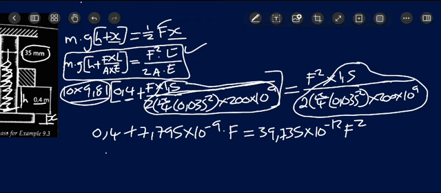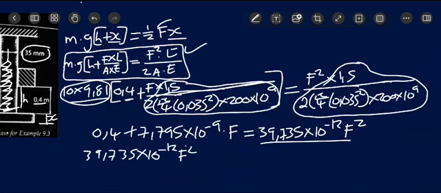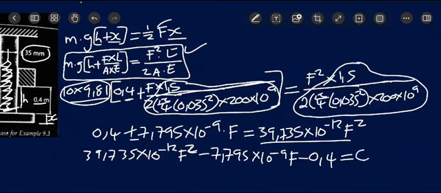I can rewrite this as 39.735 times 10 to the power of minus 12 f squared, minus this, minus 7.795 times 10 to the power of minus 9 f, minus also 0.4. This must be equal to 0.